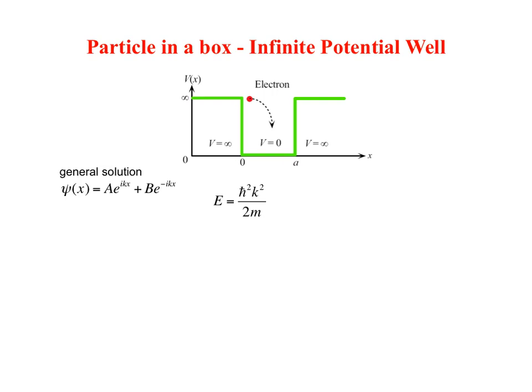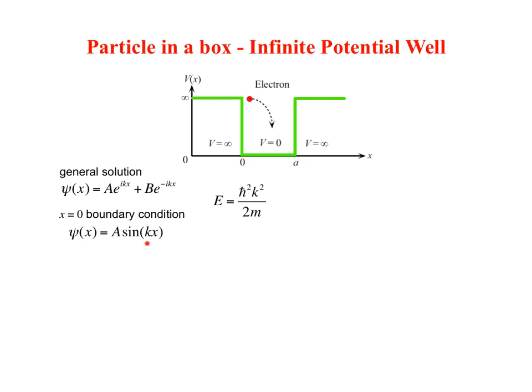In our infinite potential well problem, the walls of our box rise infinitely high. This means that the probability of finding our particle outside this box should be 0. Thus, the wave function outside the box should be 0 and continuous up to the point of x equals 0. This establishes a boundary condition at x equals 0 such that psi of 0 should be 0.